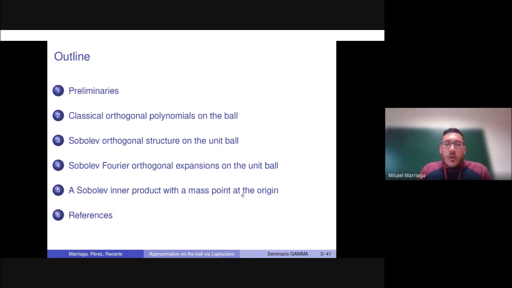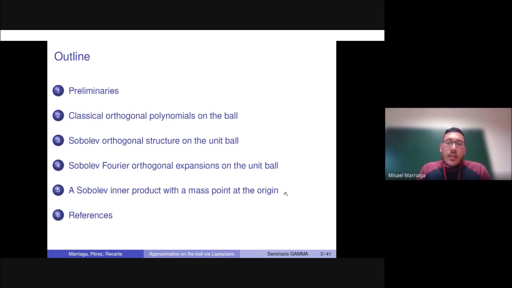And if I have time, at the end, I'm going to talk about another, related inner product that consists in replacing the spherical term with the evaluation of the functions at the origin. So it's just like putting a Dirac delta at the origin. Something curious about this last part is that we were not expecting to have results about this inner product.